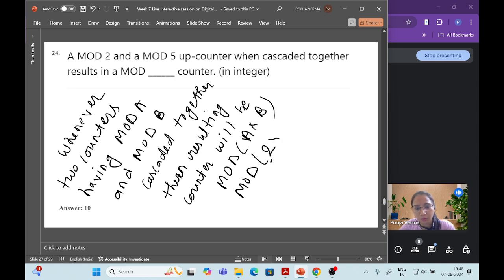So mod 2 into 5, that means it will act as a mod 10 counter. So here it is a mod 10 counter.